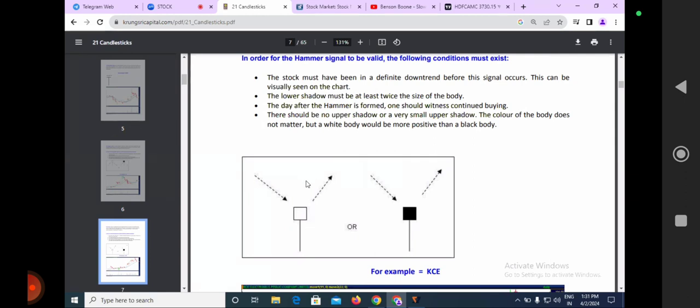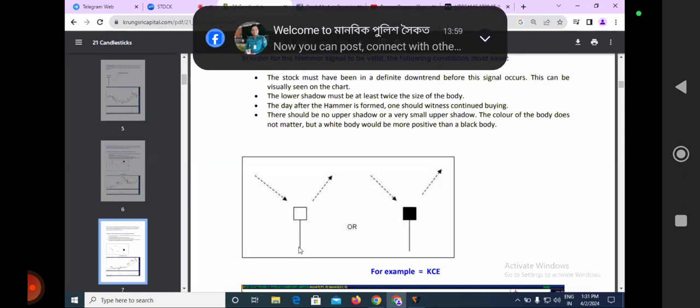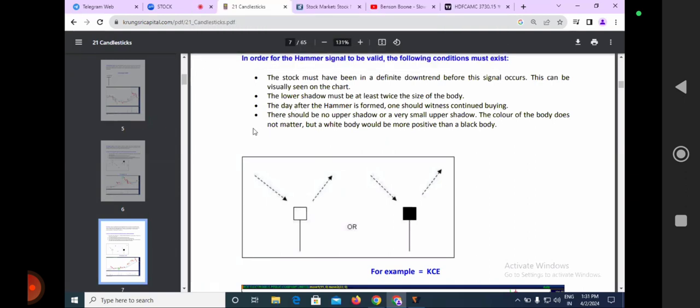The rule implies that the body of the candle should be 1 and the lower shadow should be 2, which is a ratio of 1 to 2. This condition should be satisfied. And after the hammer candle is formed, whether it is the next day, minutes, or any other time frame you follow, one should witness continuous buying in the upcoming periods.